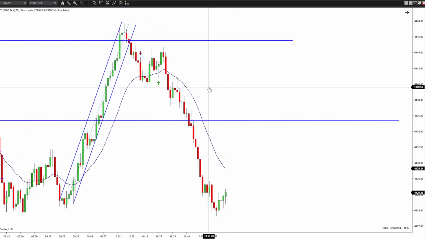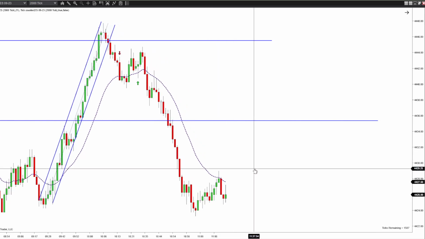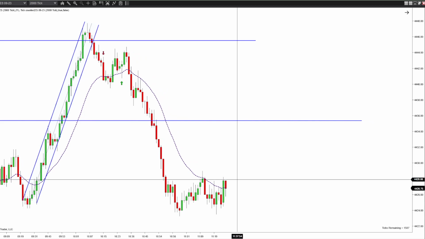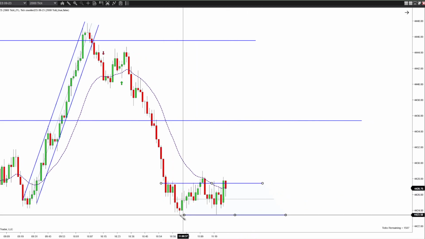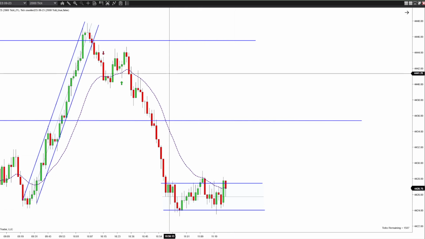So now we do have another significant move down. And at this point, because there are so many stacked bars, we just have to do what we always do in these situations, where we draw our short-term congestion.